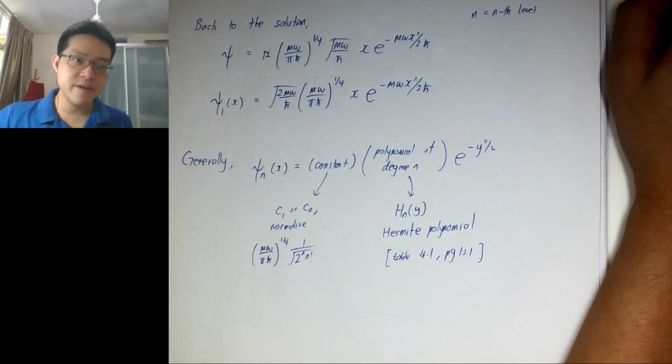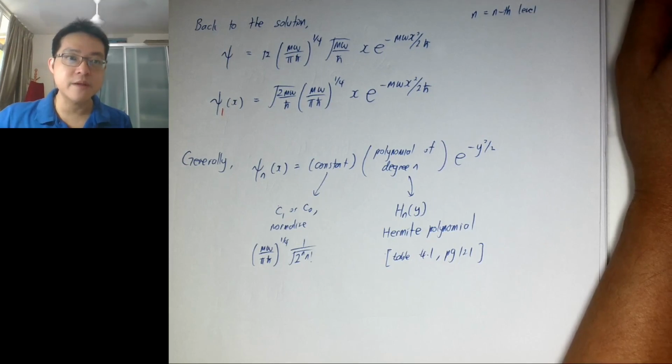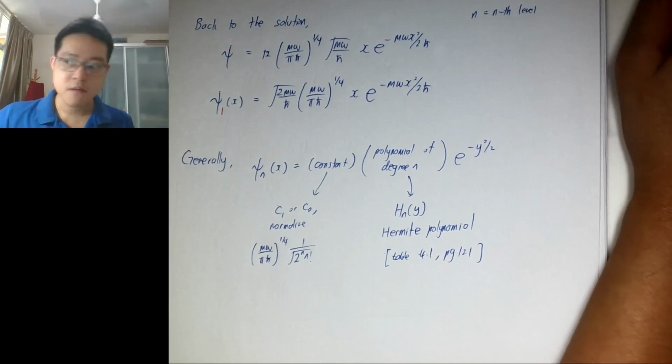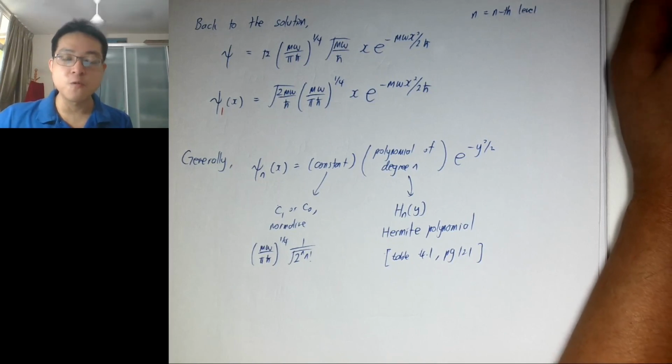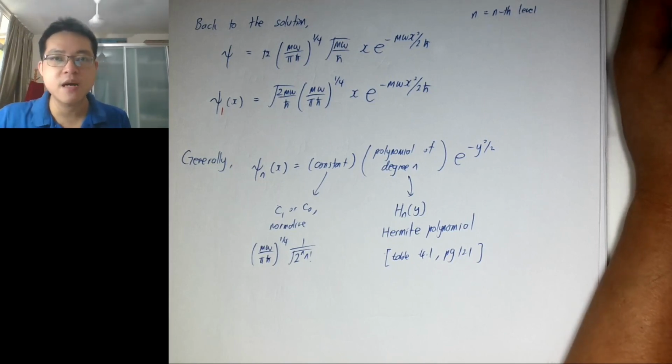Yeah, so if you recall what I said when we started this chapter, an example that we mentioned was atoms in a solid. I was describing to you when the quantum harmonic oscillator happens.